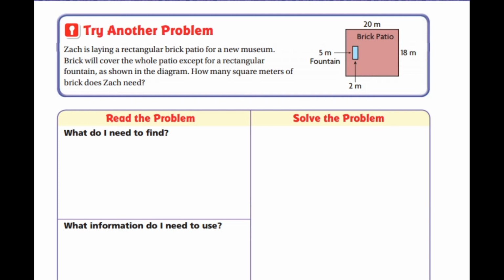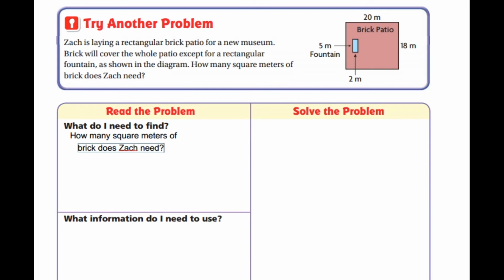So in this case, first, what is the question here? What does it want me to find? How many square meters of brick does Patch need? Okay, what information do I need to use? We need to use the dimensions of the rectangular brick patio and the area of the fountain.